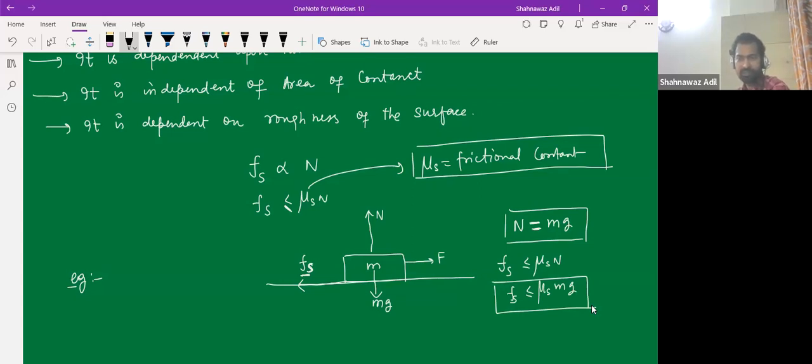I was not able to hear after mg. Yeah. So N is equal to mg, right? And we know that static friction is proportional to the normal reaction. So I just plug in the value of N from here. So that is what I got. Clear? Yes, sir.